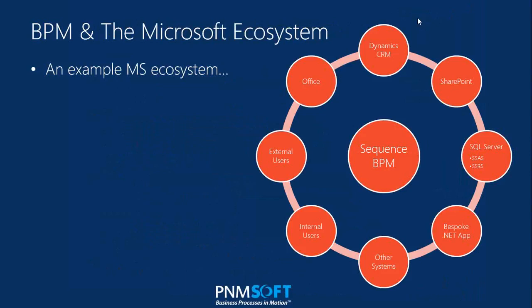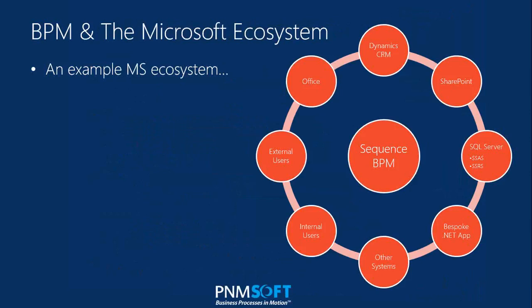Okay, so I'm just going to illustrate with our BPM product Sequence a few of the concepts that have been discussed. I'm going to use an example Microsoft ecosystem as part of my demonstration, and that includes Microsoft products such as Dynamics CRM, SharePoint, SQL Server, including Analysis Services and Reporting Services, and also possibly bespoke .NET applications or even other systems.